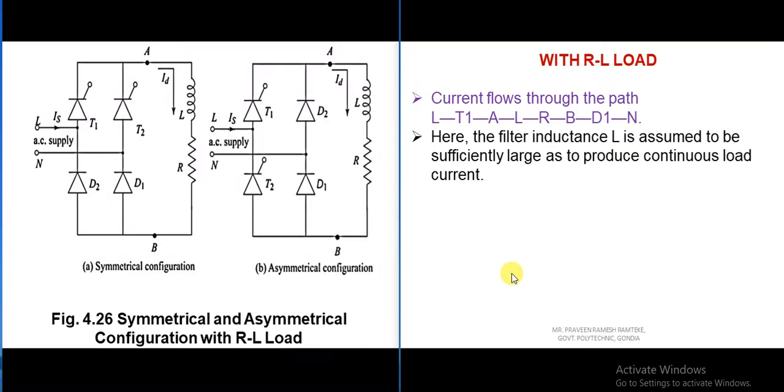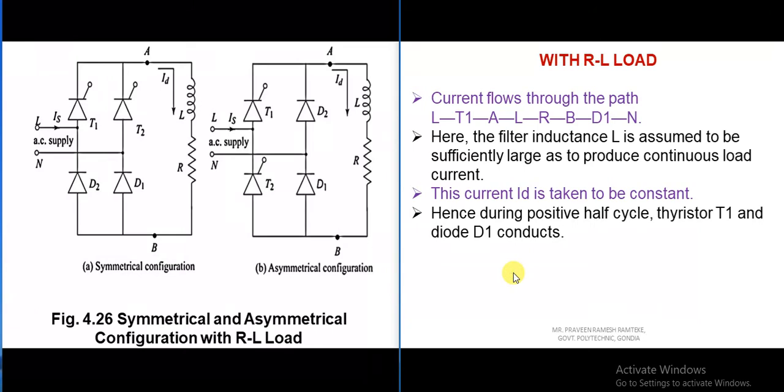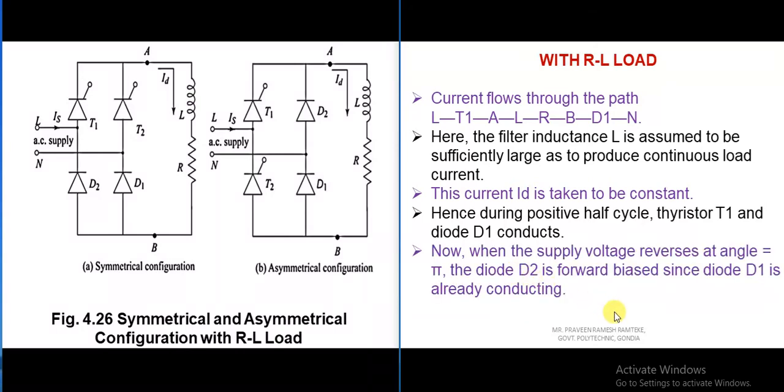Here the filter inductance L is assumed to be sufficiently large so that continuous load current is produced at the output. Let this current be indicated by ID and it is taken to be constant. Hence, during the positive half cycle, the SCR T1 and diode D1 conduct. Now the input supply voltage reverses at the angle equal to pi.